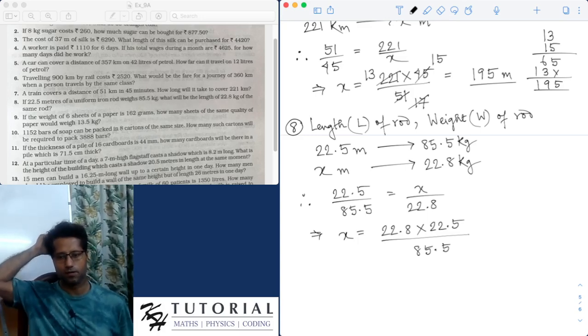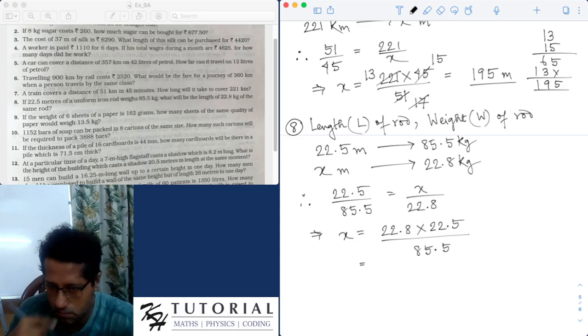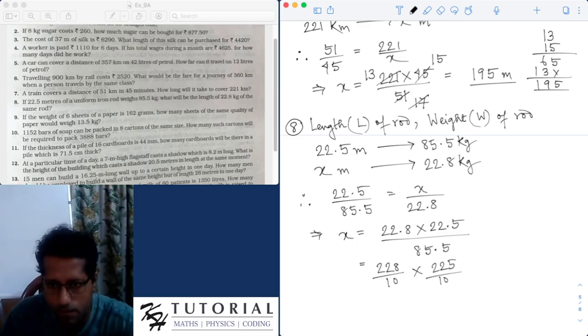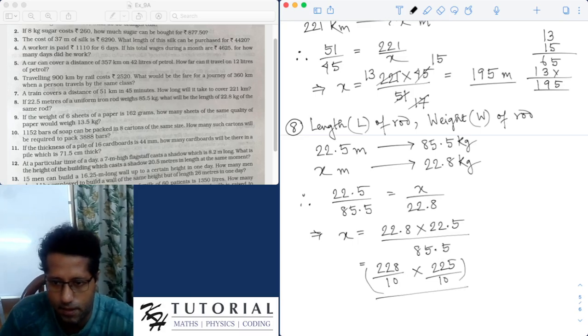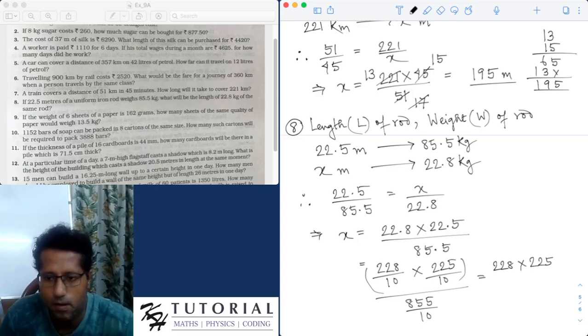Now these are some division of decimals. It's better that you convert the decimals into fractions. So 22.8 is nothing but 228 divided by 10 multiplied by 22.5 is nothing but 225 divided by 10, and this whole is divided by 85.5 means 855 by 10. If you simplify this, it will become 228 multiplied by 225 by 855 multiplied by 10.